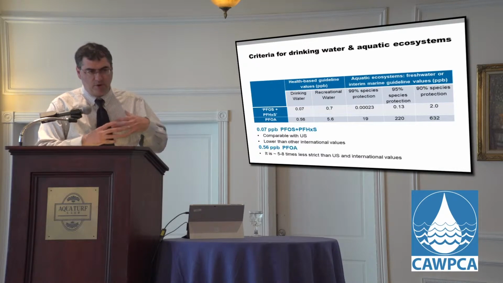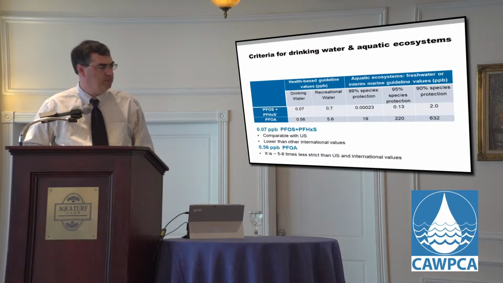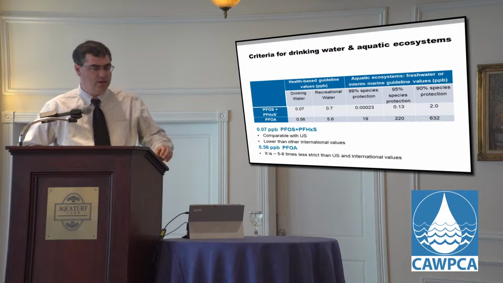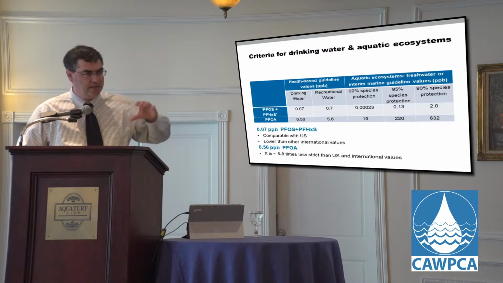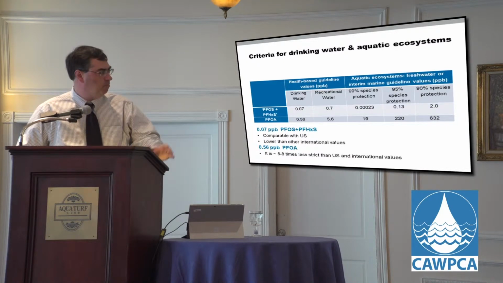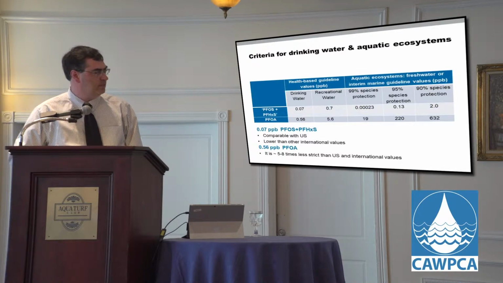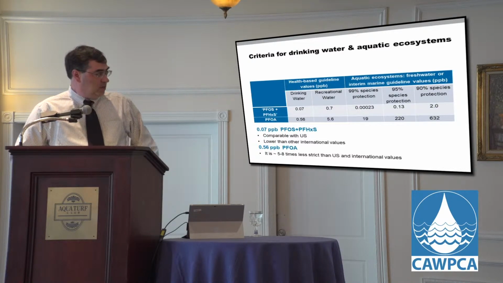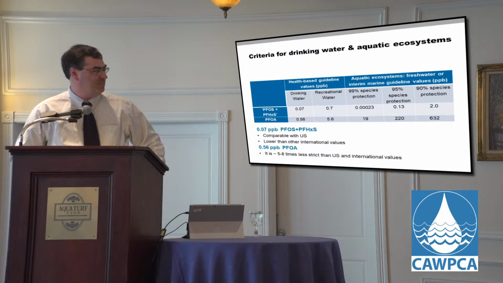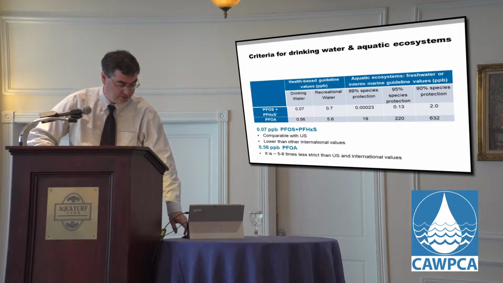There are many different parts of PFAS, and I'll show there's at least 10 or 12 different constituents that are measured in that class. As far as setting limits for PFOS and PFAS, it's very comparable. The Australian and the U.S. limits are very comparable. But when you look at PFOA, the limits in Australia are quite a bit higher, so our limits here are significantly lower.